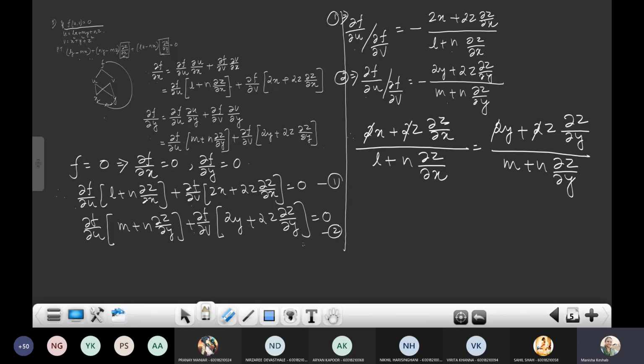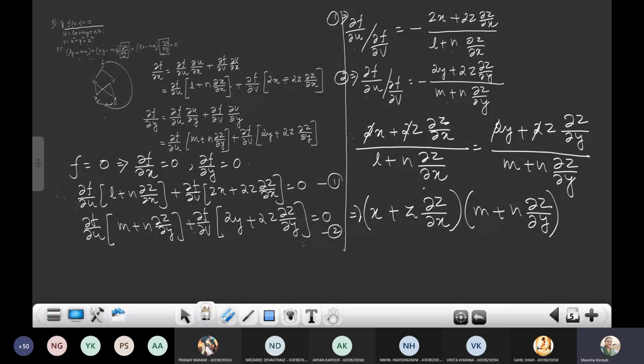Now what I want to do, del z del x, right? So basically I need to take the coefficients from del z del x and del z del y. So now let me multiply. So x plus z del z del x into m plus n del z del y.